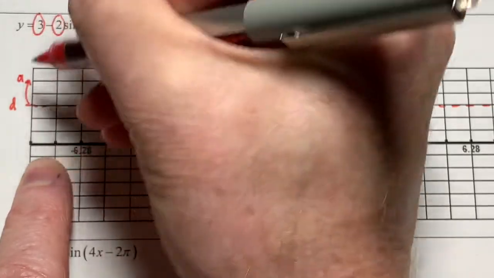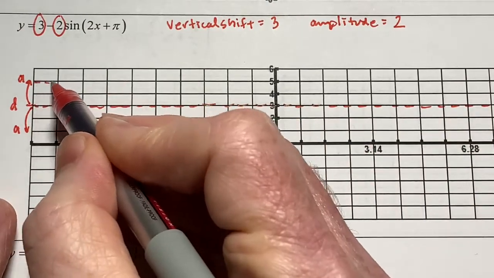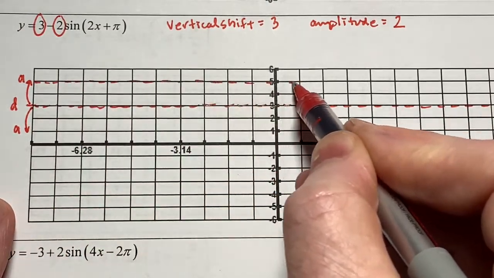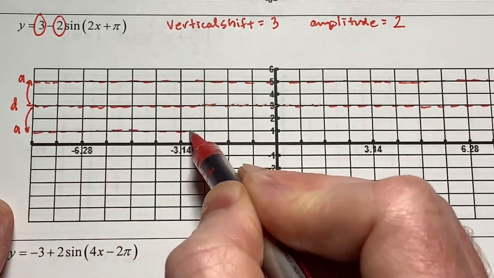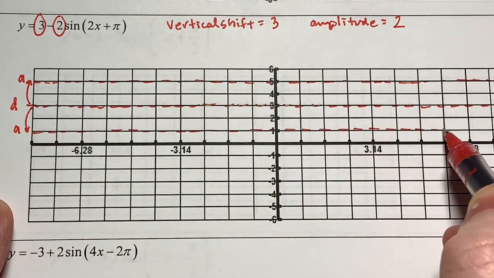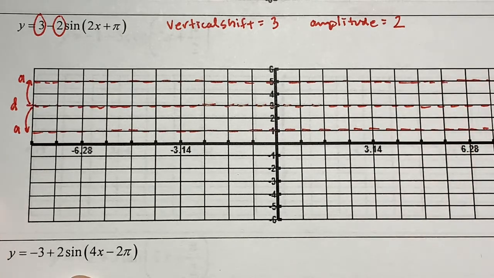I'm going to go up A and down A. Up 2 gives me the top part of the box, and down 2 gives me the bottom part of the box.